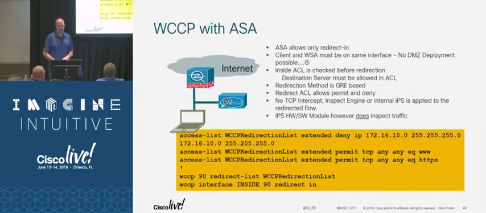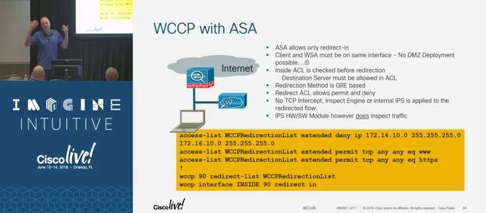So one thing I did want to call out on the ASA, if you are using this on the ASA without firepower services, so old school ASA, we only allow redirect in, so that's one limitation on that device. You have to have the clients and the WSAs on the same interface on the ASA. The reason for that is because, remember, the ASA looks at all its interfaces as different segments.